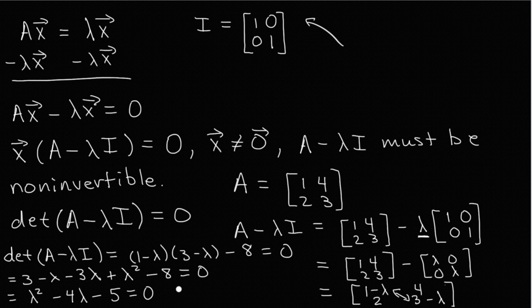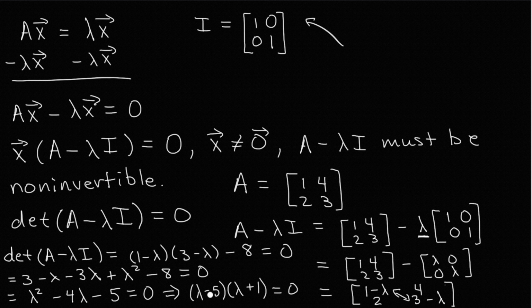So now this is looking more and more like a quadratic equation. So now I'm going to try and factor this. To multiply to negative 5, I'm going to have to use a negative 5 and a positive 1 because those add up to negative 4. So I'll have lambda minus 5 and lambda plus 1 is equal to 0.